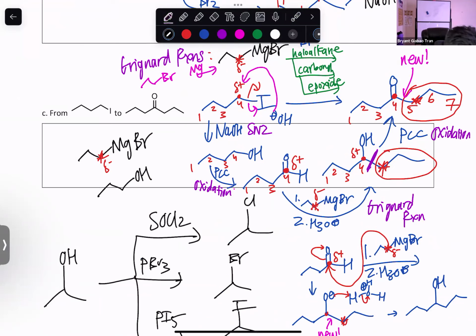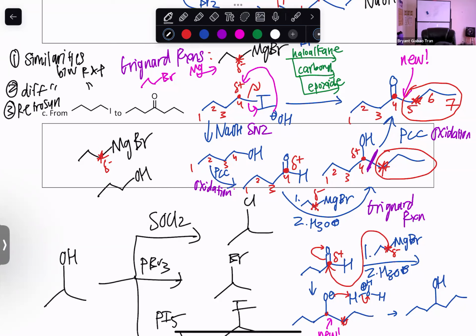So notice my general guidelines for these synthesis rounds here. Look for the similarities between the reactant and product, and then look at the differences between the reactant and product, and then go backwards.